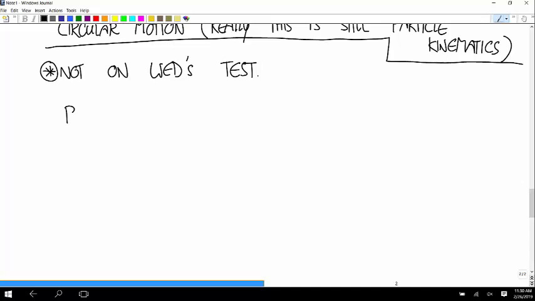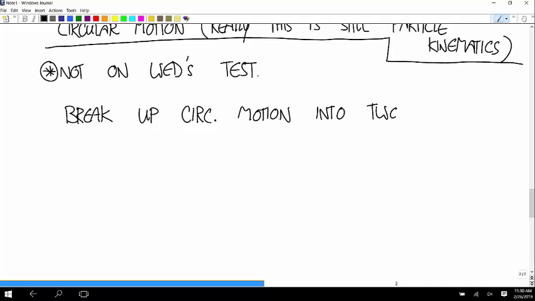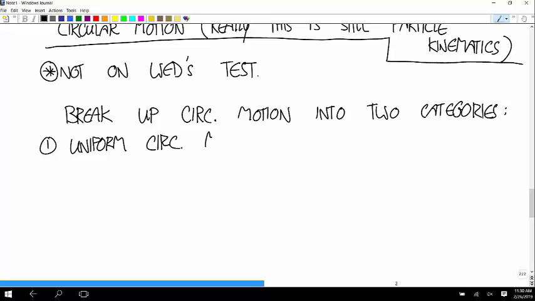We're going to break up circular motion into two different categories. The first one is called uniform circular motion, and uniform circular motion is when the speed is constant.